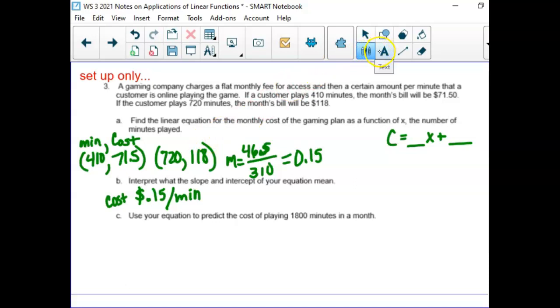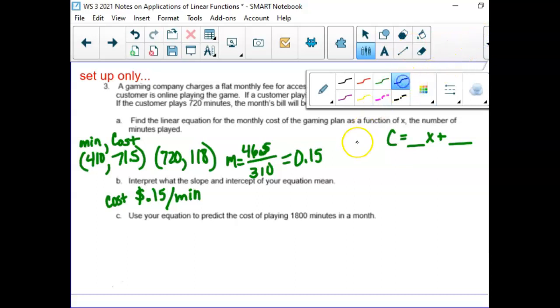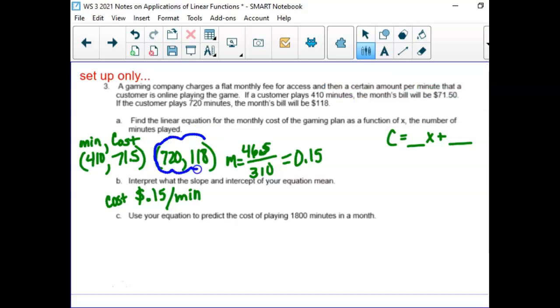All right, we're supposed to finish the equation though. So I'm going to go back and put in one of these points. I think I'll use this one because it doesn't have a decimal. I'm going to go y minus 118 from that point. I'm using point slope. My slope is 0.15, and then x minus 720.